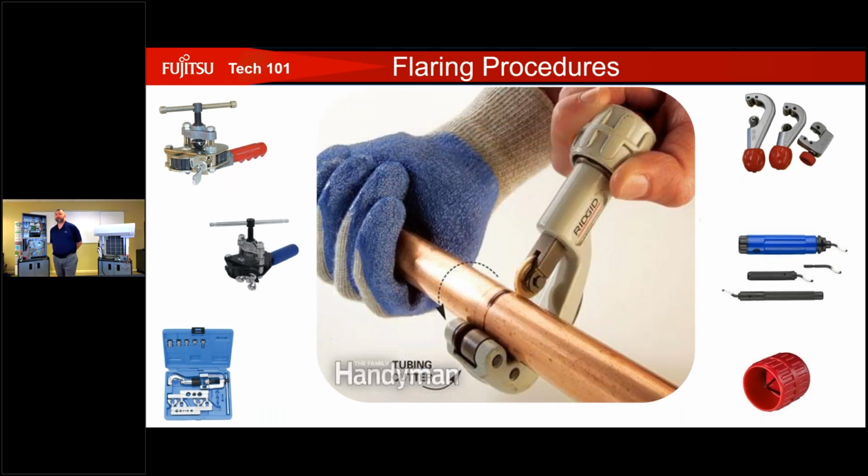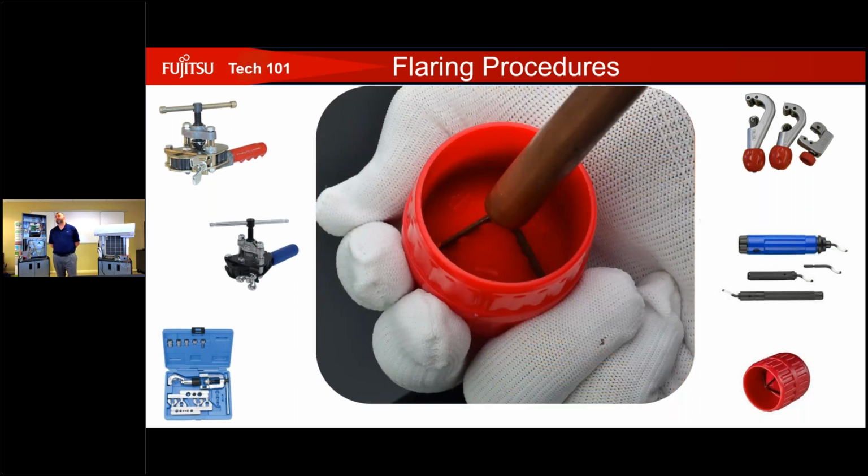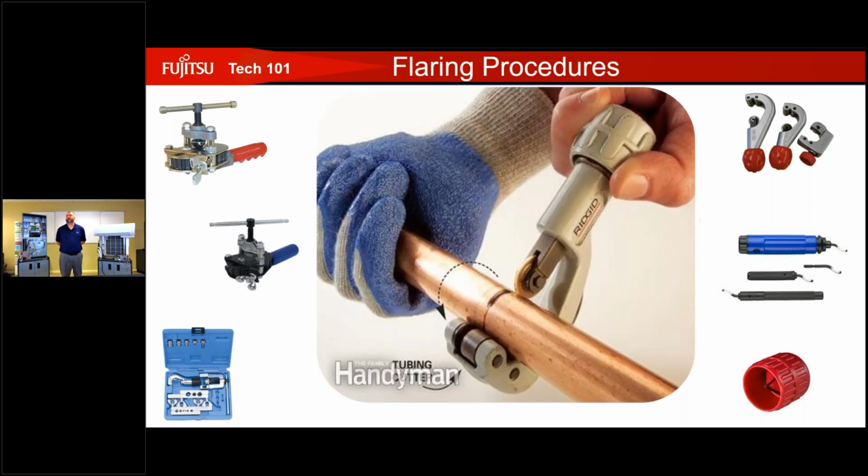Here's the one that gets us. Most of the problems on jobs start right here with the flaring process. First things first, we always want to make sure that our tubing cutter has a clean wheel.